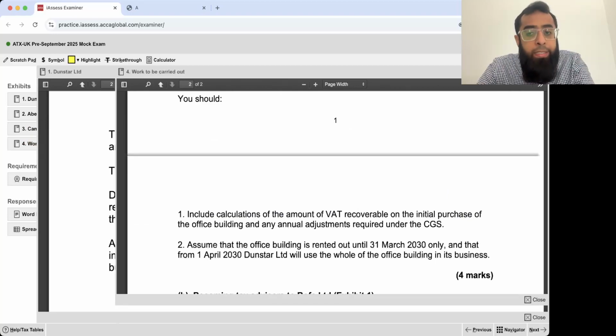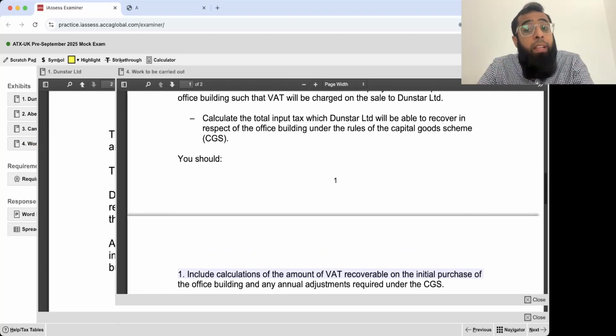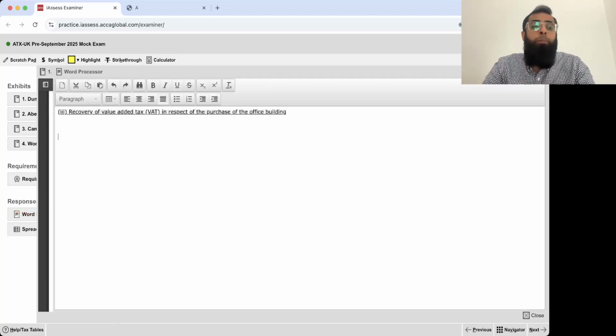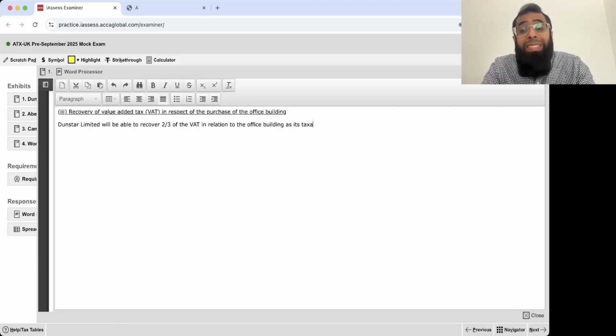What is the initial recovery of the VAT since the seller has charged VAT on us? That is a requirement of 4 marks only. Okay. Dunster Limited will be able to recover 2/3 of the VAT in relation to the office building as its taxable use will be on the two-third portion only and the rest will be rented out.